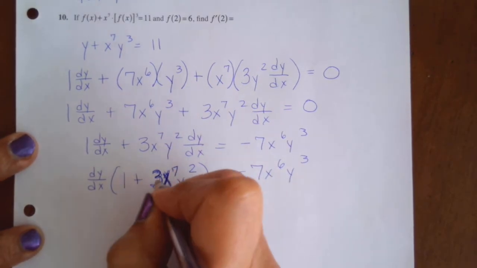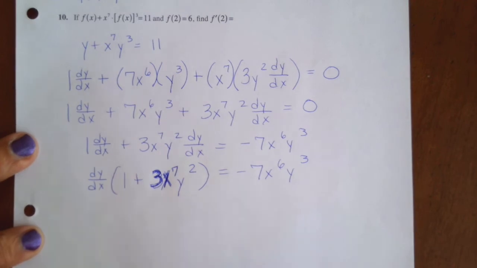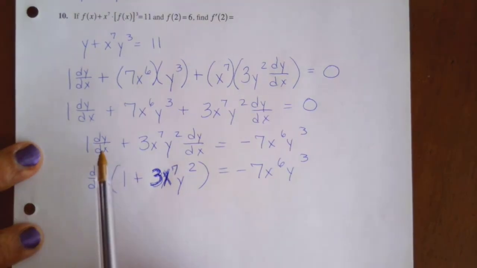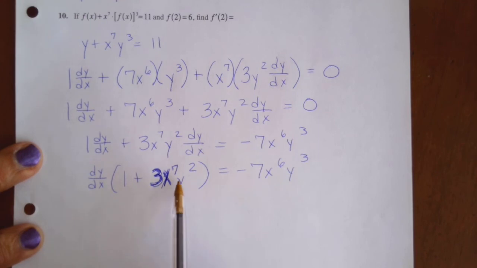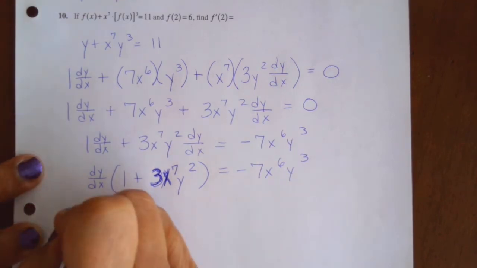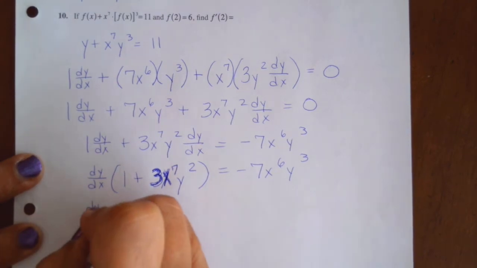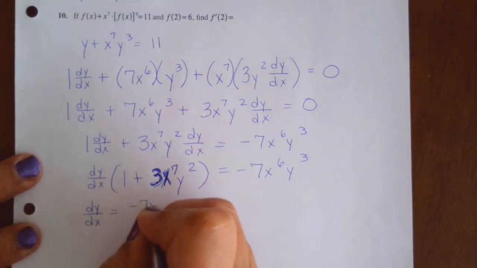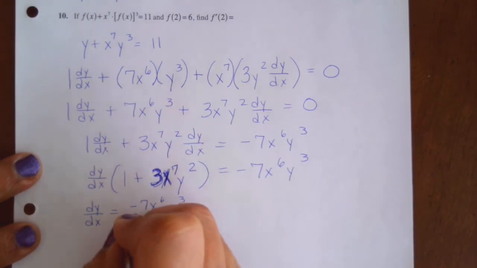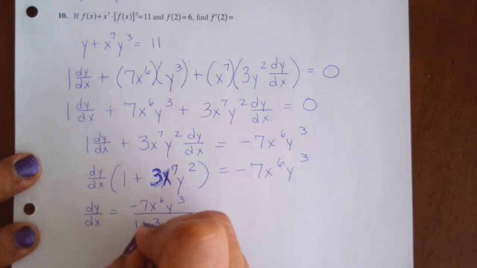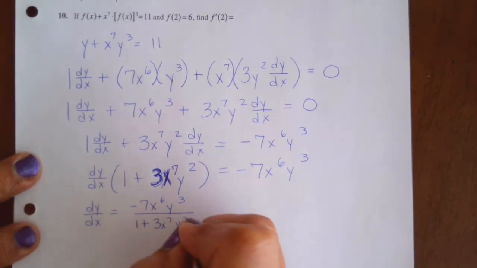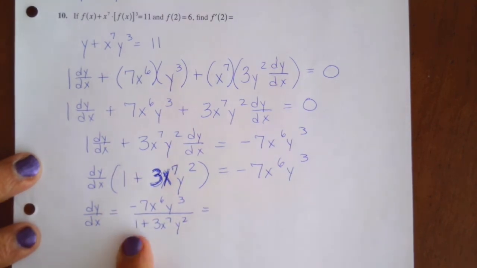Sorry, I wrote that so small. All right, so I factored out the dy dx from both terms, so both of those coefficients out front have to be there. All right, so now we can divide. So we have negative 7x to the 6th y cubed over 1 plus 3x to the 7th y squared. All right, so that's the derivative.